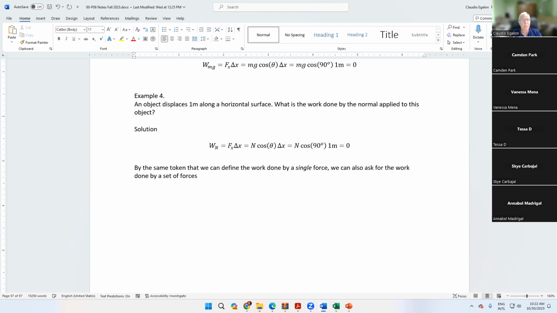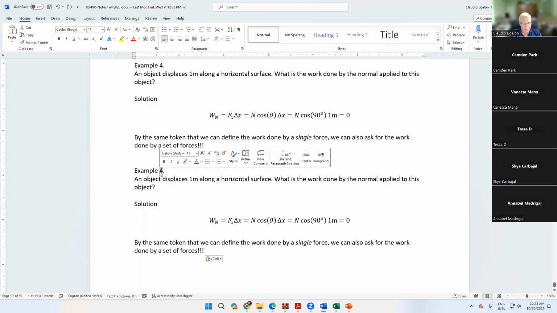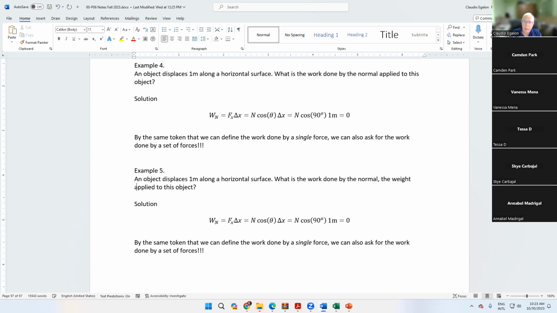I can ask that too. So example 5. What's the work done by the normal, the weight, and the force F applied to this object?